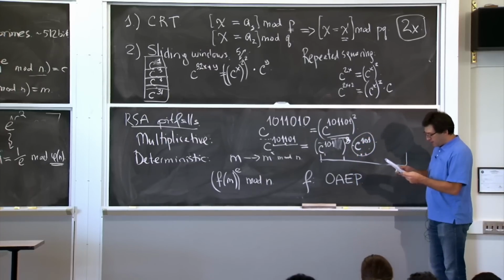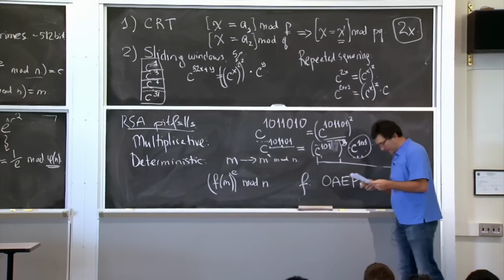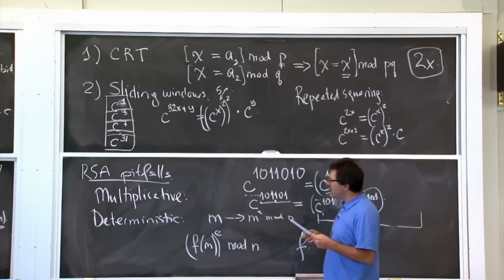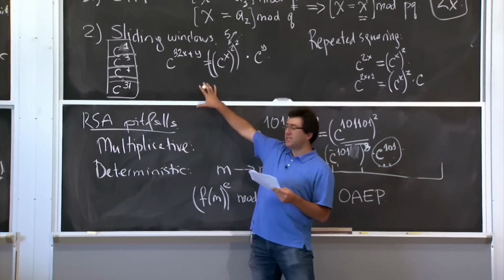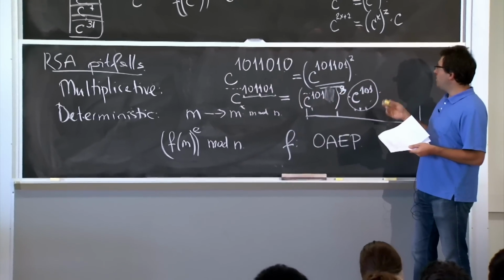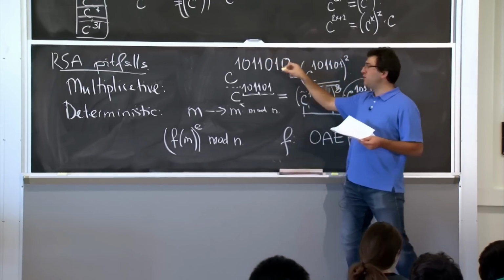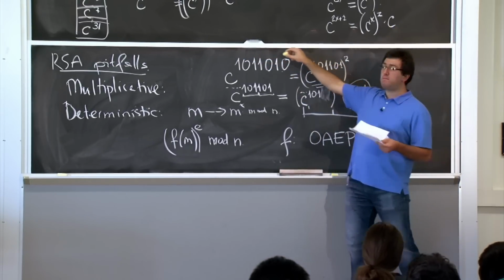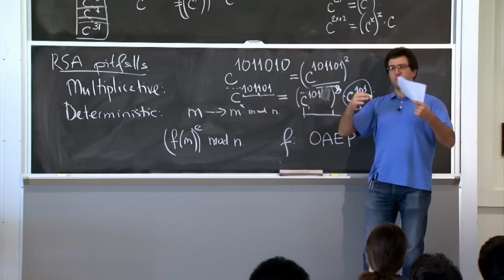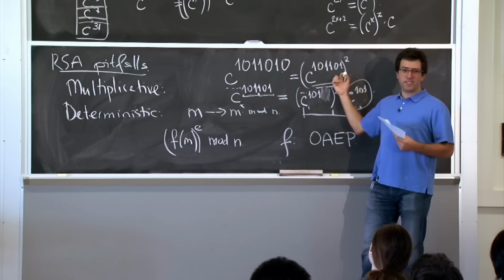So this is the repeated squaring and sliding window optimization that OpenSSL implements, and still does. I don't actually know whether they still have the same size of the sliding window or not, but it does give you a fair bit of speedup. Before, you had to square for every bit in the exponent, and then you'd have a multiply for every 1 bit. So if you have a 512-bit exponent, then you're going to do 512 squarings, and on average, roughly 256 multiplications by c.